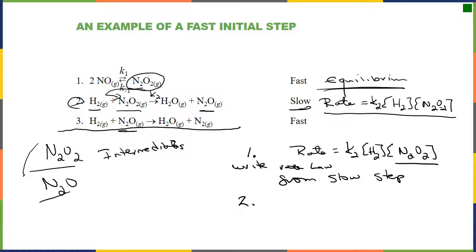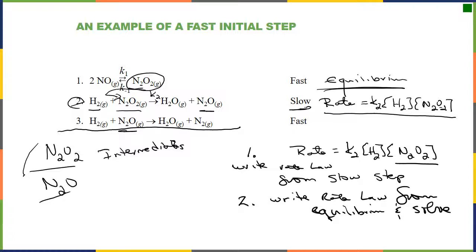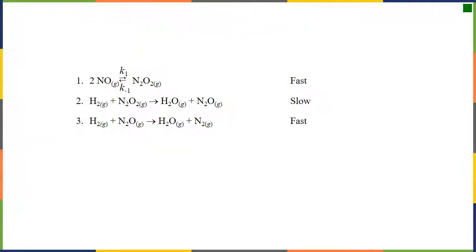Second, we're going to write the rate law from the equilibrium and solve for an intermediate. Almost always we're going to get an intermediate in this mess, so we're going to solve for an intermediate. All right, so that's going to be our process.